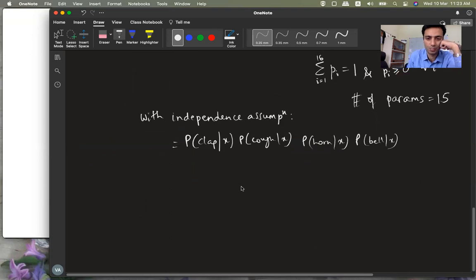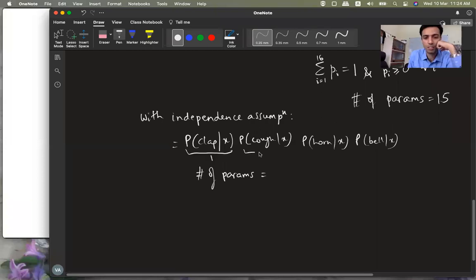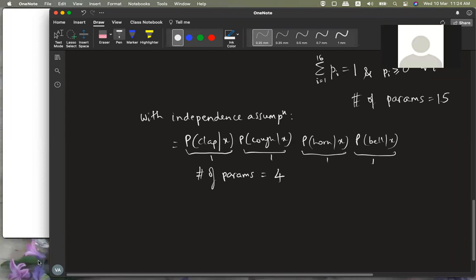So now come back to this one. Number of parameters here is? This will have one parameter, this will have one, this will have one, this will have one. So 4.